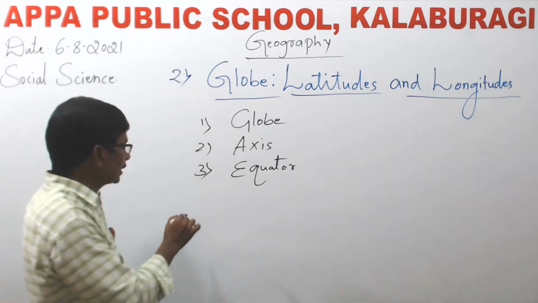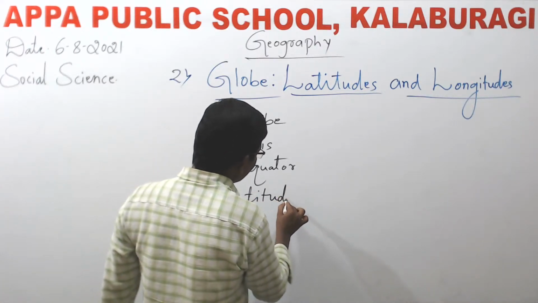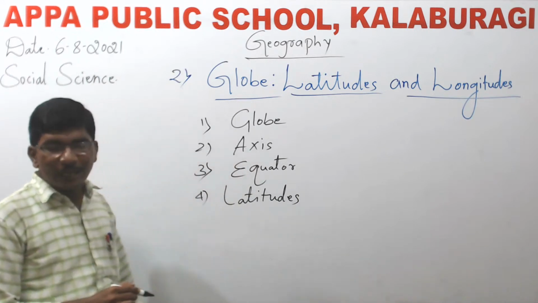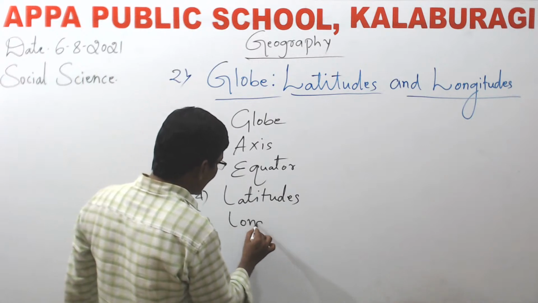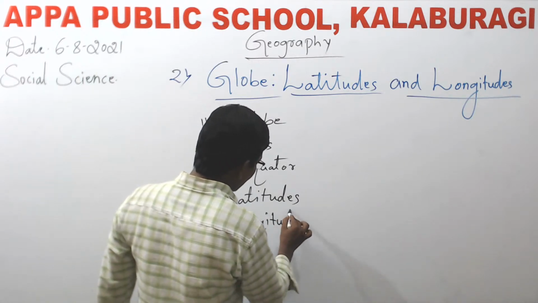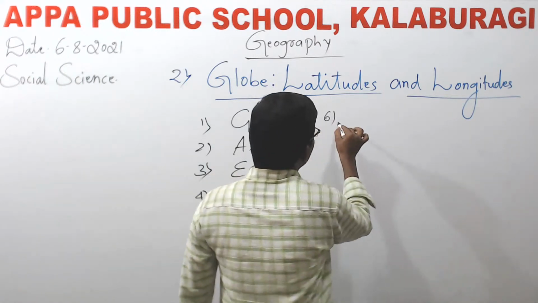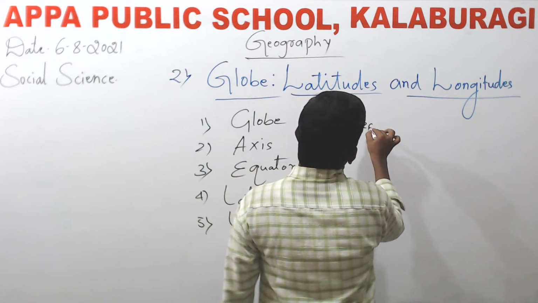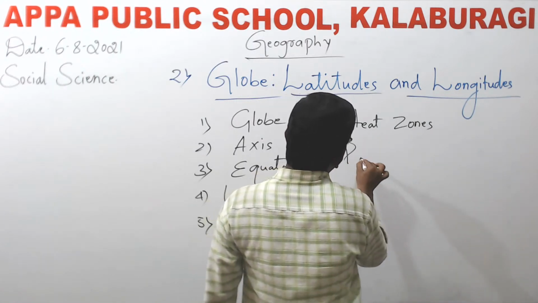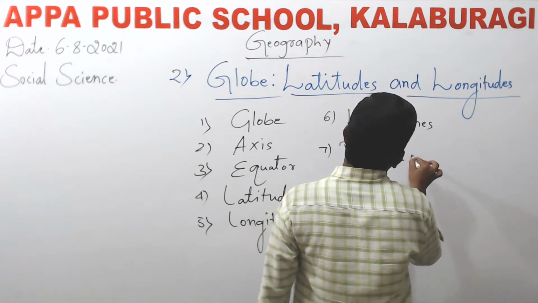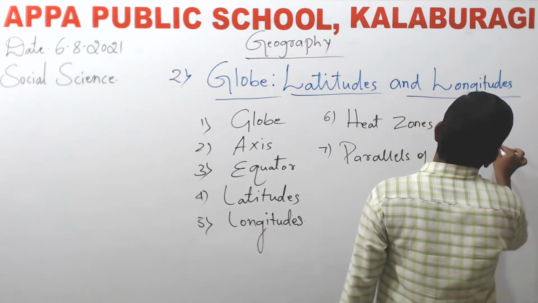What is the equator? Then latitudes, and also longitudes, and also the 3 heat zones and parallels of latitude.